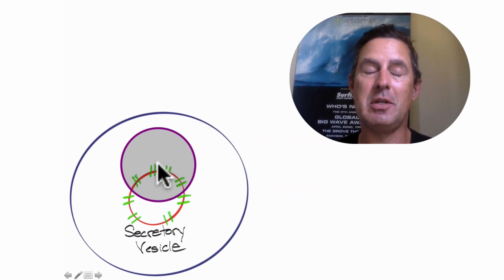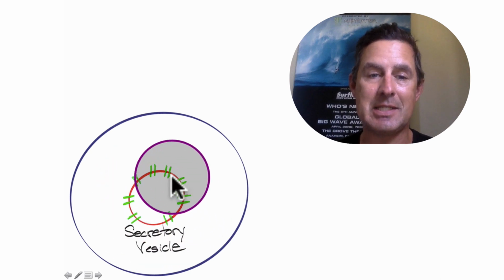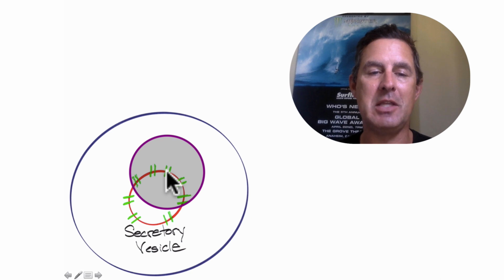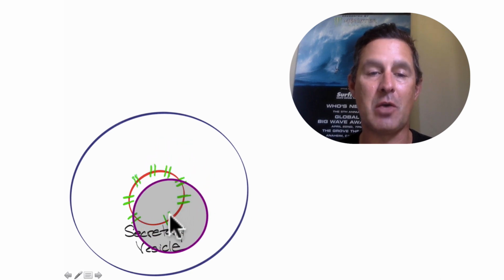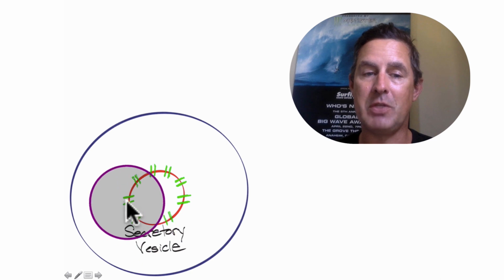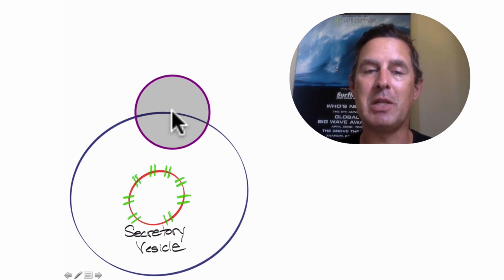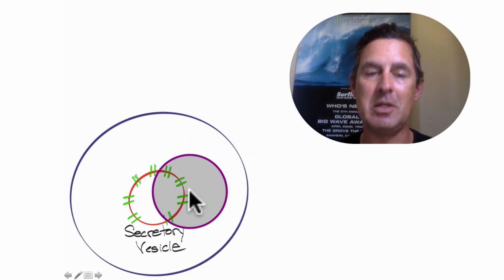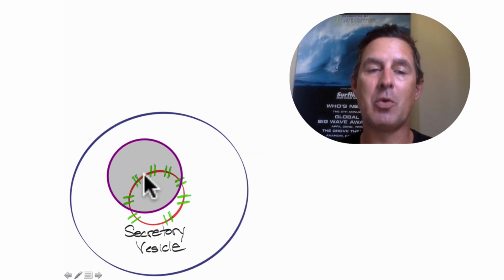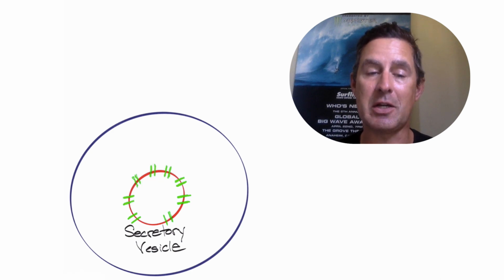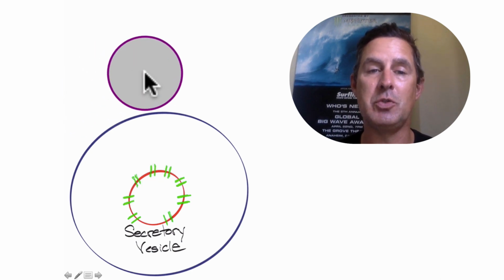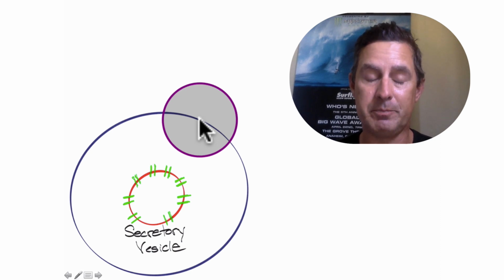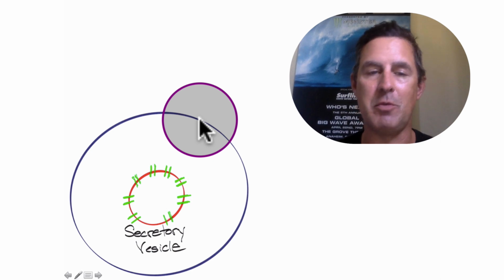The goal with exocytosis in this case is to put in place these channel proteins, which we see around the membrane of the secretory vesicles, within the plasma membrane of the overall cell. If we can get this red membrane of the secretory vesicle to fuse with the cell membrane, then we will put channels in place that things can move through.